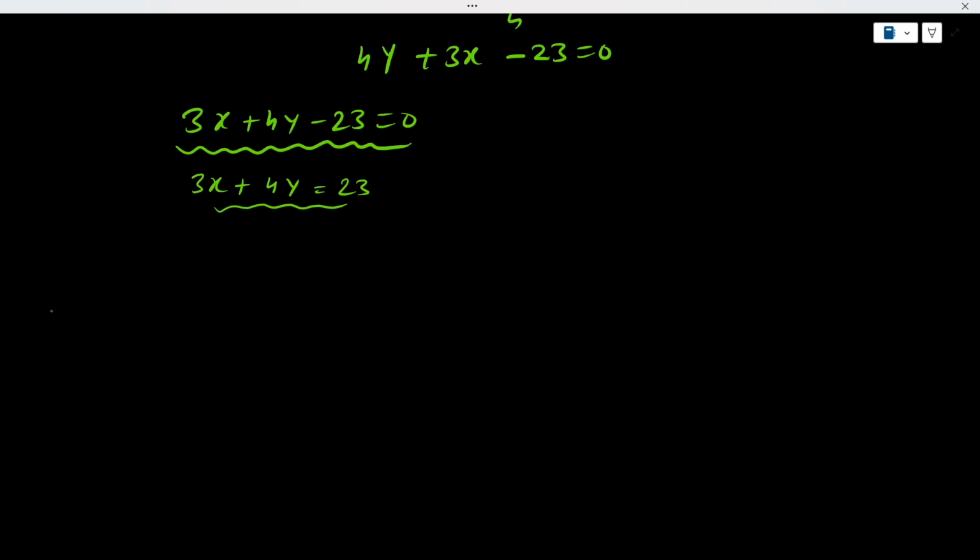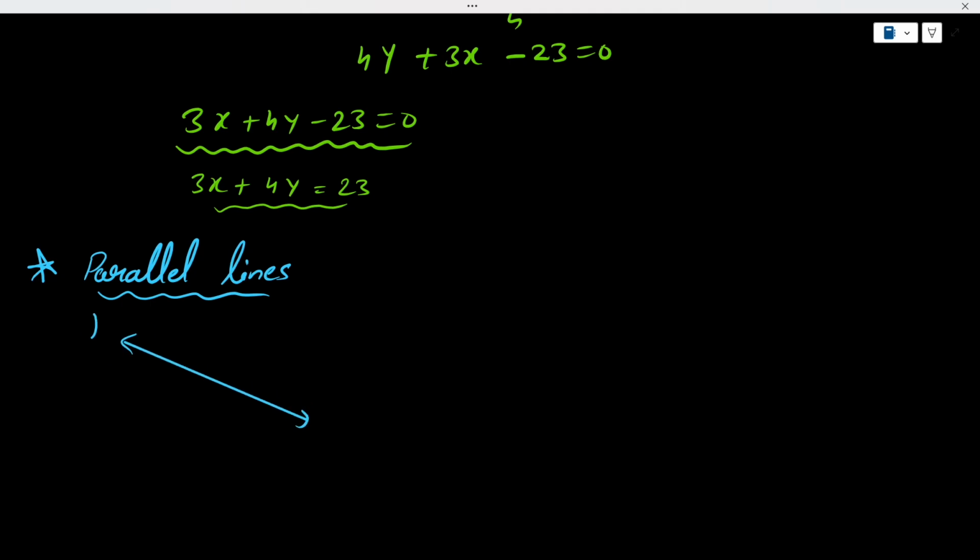Whenever we take parallel lines, that means two or more lines, right? Parallel lines means equidistant lines which will never meet. So if this is line L which is parallel to line P, you know that line P is parallel to line L. Now definitely there will be a gradient here.